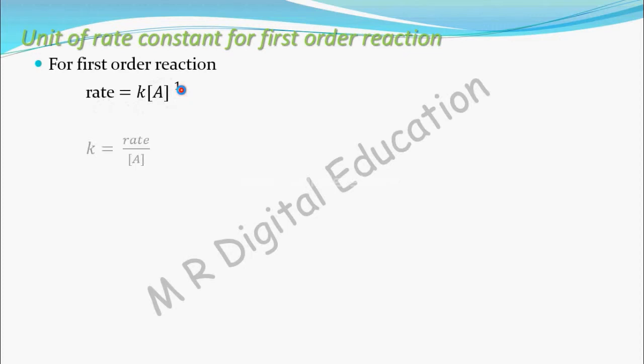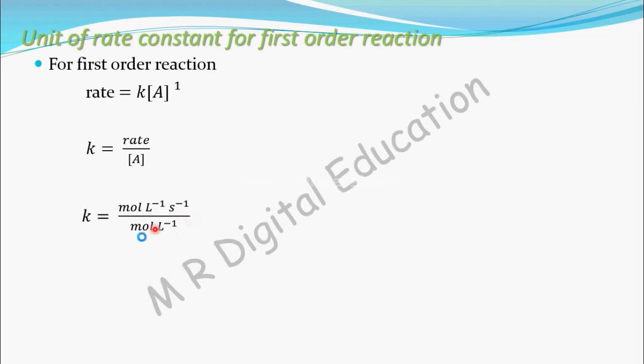Now K equals rate by concentration of A. You know that the unit of rate is mole per liter per second, as I have just told, and the unit of concentration, if you are expressing it in molarity, is mole per liter.